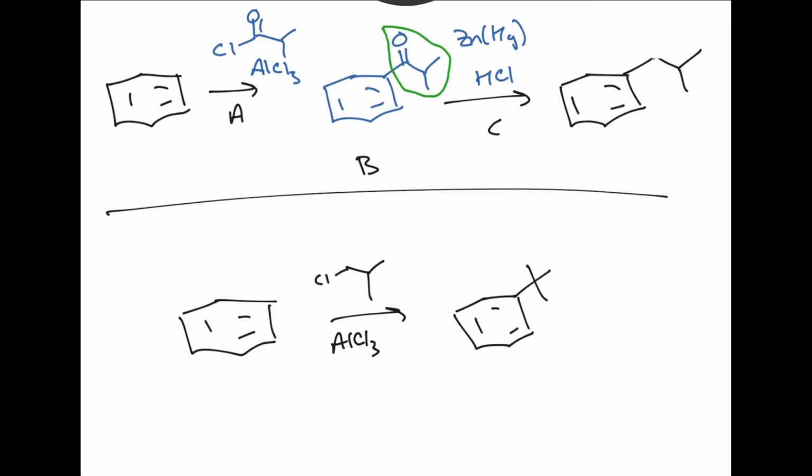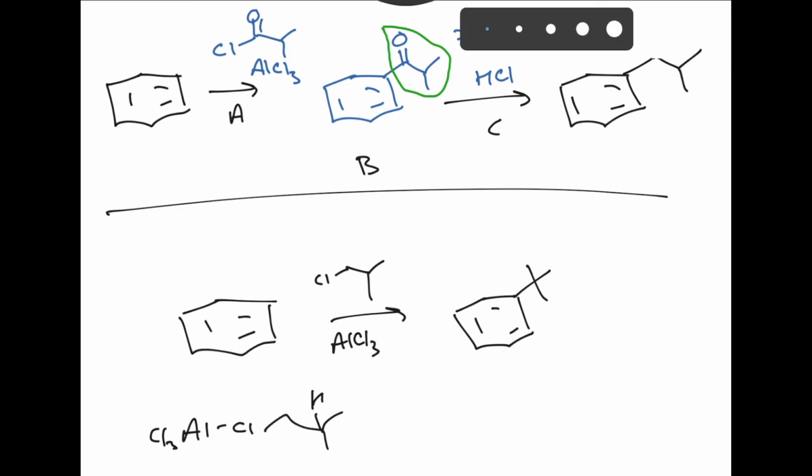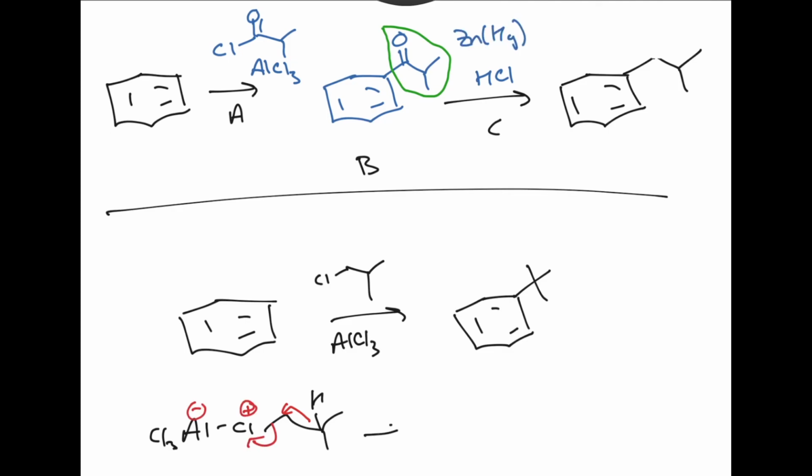You'd end up rearranging that and making a more stable carbocation. Right, so you'd get, and then the hydrogen would hop over. I should probably put a plus and a minus here, push electrons there. It would give you the tertiary carbocation as you would add to.